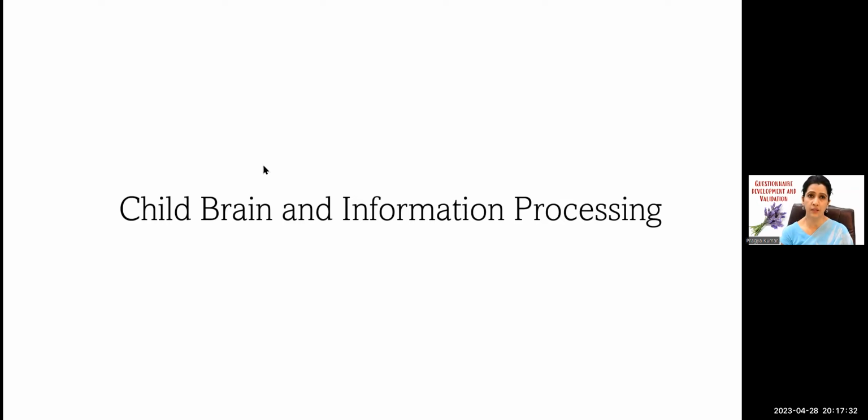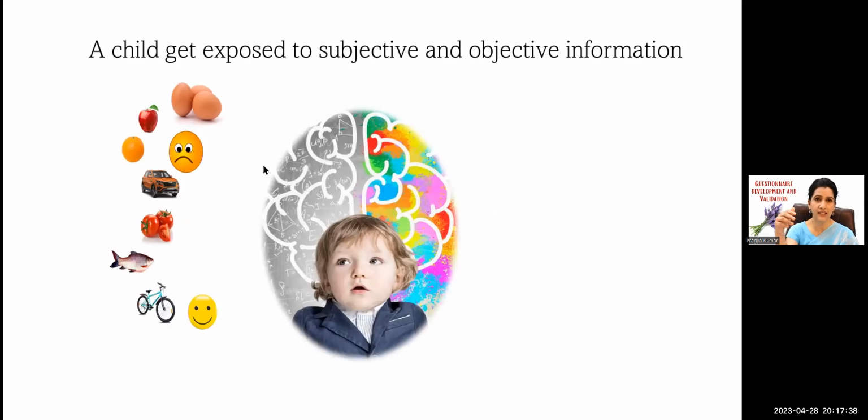If you observe how a child's brain processes information, a child gets exposed to so many things, and it is we who tell them this is this, this is sadness, this is anger, and when we teach them, this is the fruits. We always ask them, name 5 fruits, name 5 vegetables, flowers, states, etc.